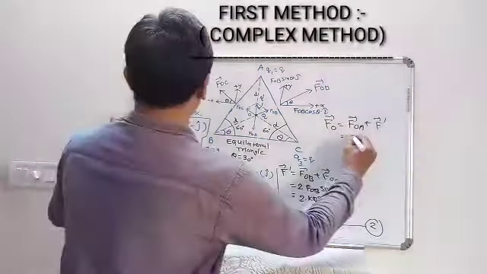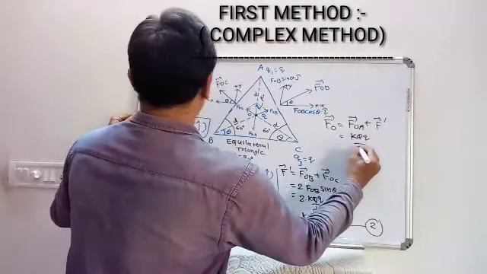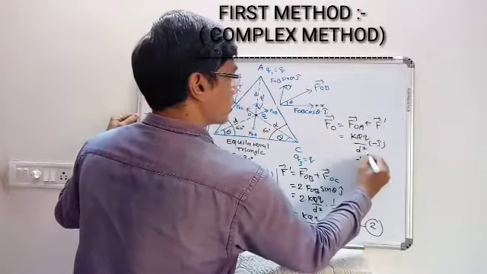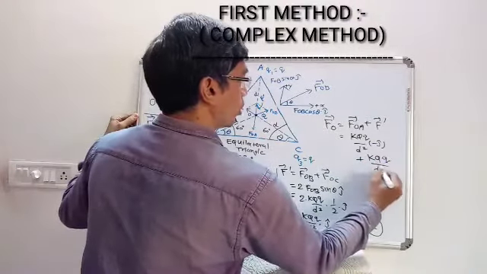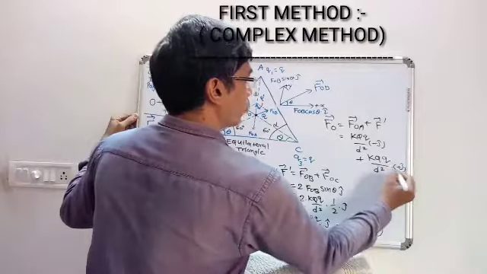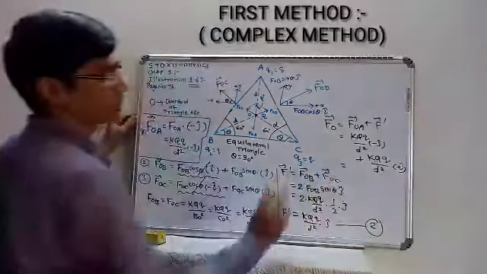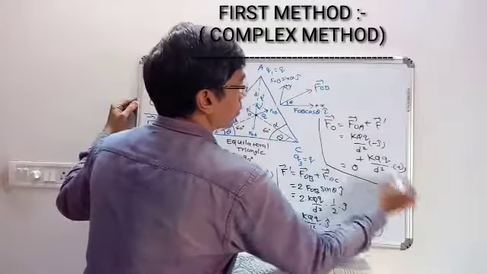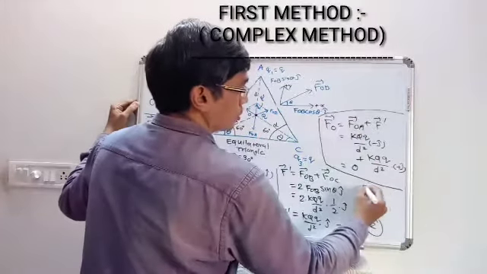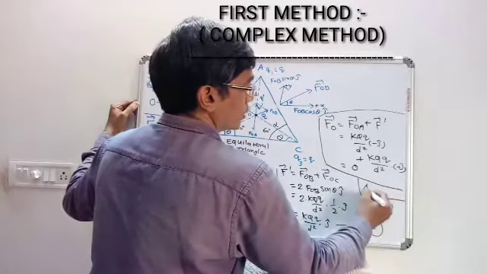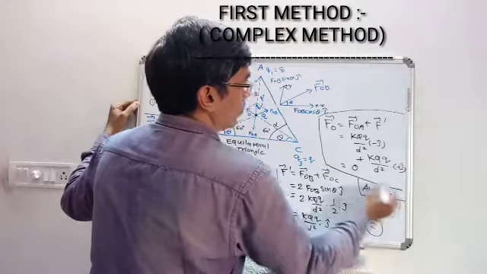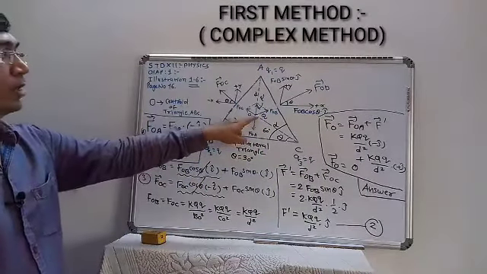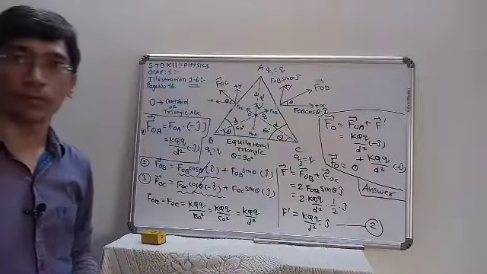So we can write it is like this: KQq upon d square into minus j plus KQq upon d square into plus j. So they cancel each other and the answer becomes 0. So this is the answer, that resultant force acting on the capital Q charge at the centroid is 0.